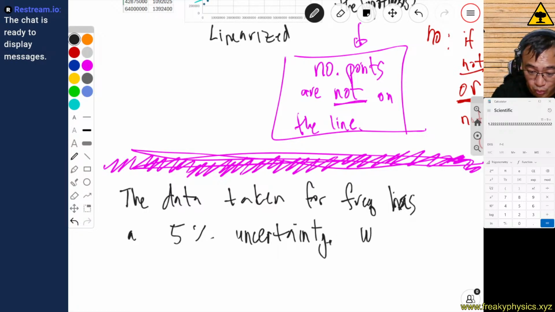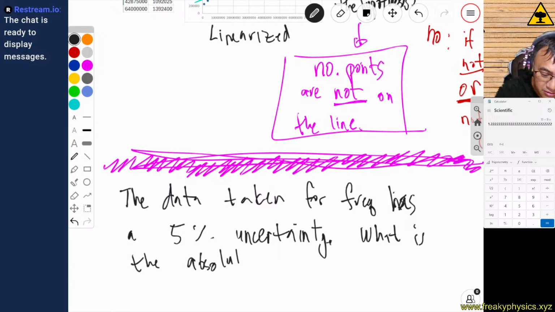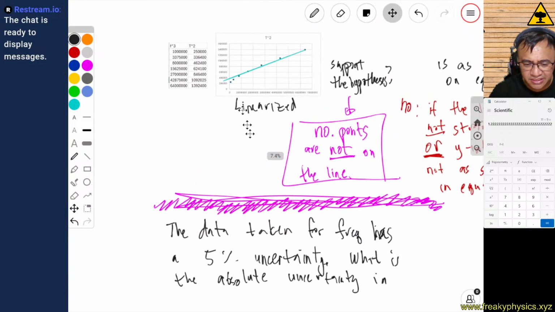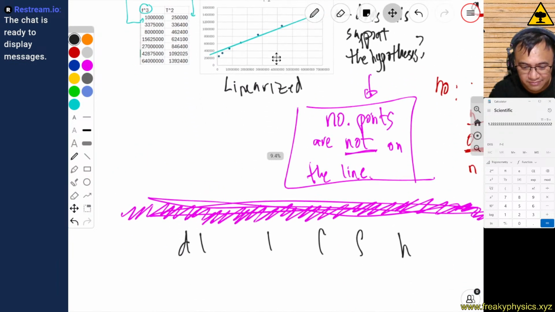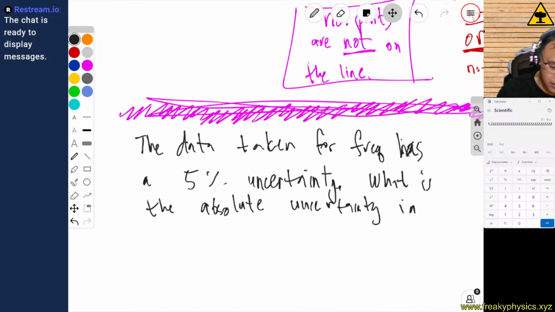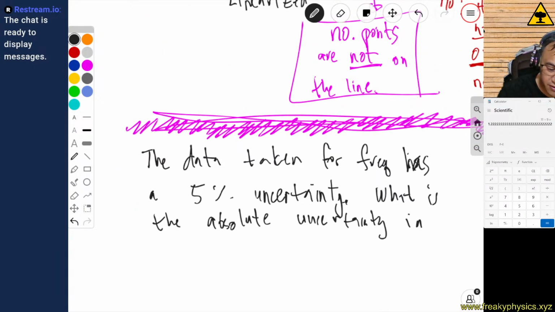The question is, what is the absolute uncertainty in the temperature of 500 Kelvin? Okay. In the temperature reading of 500 Kelvin.